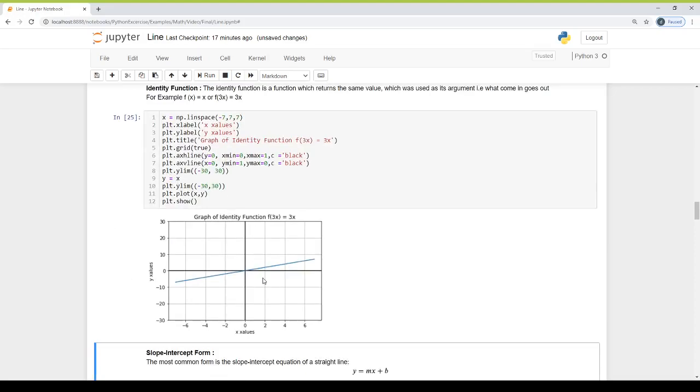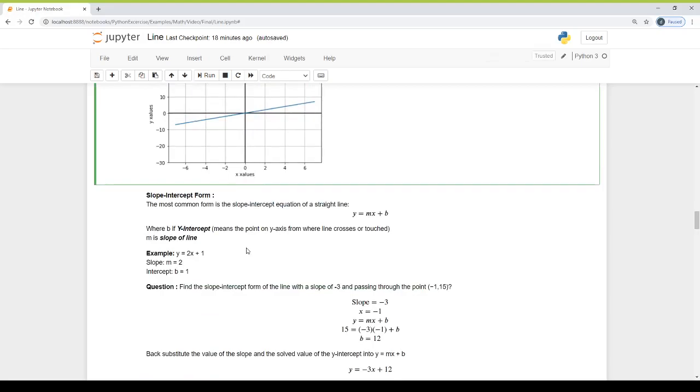That is, if we pass the value of x as 2, it returns y as 2. If we pass x as 7, then it returns y along the y-axis as 7. So this is the identity function and this is its graph.